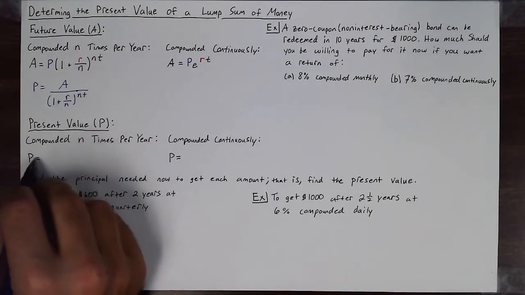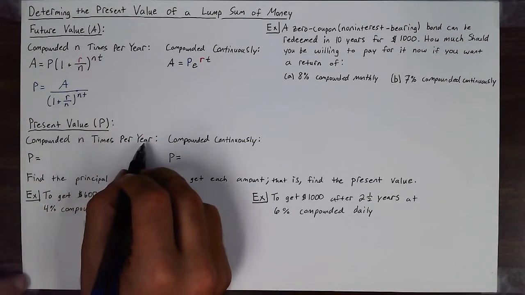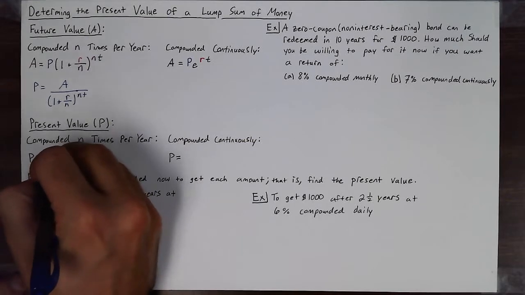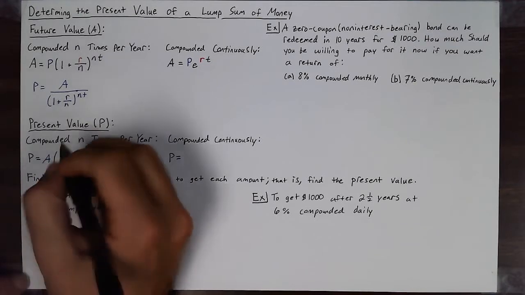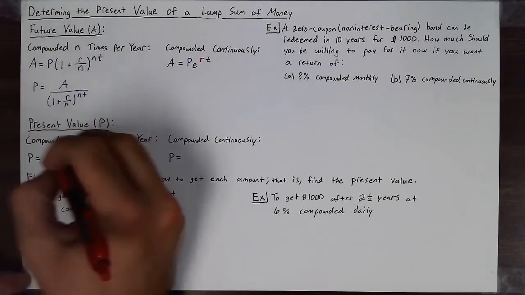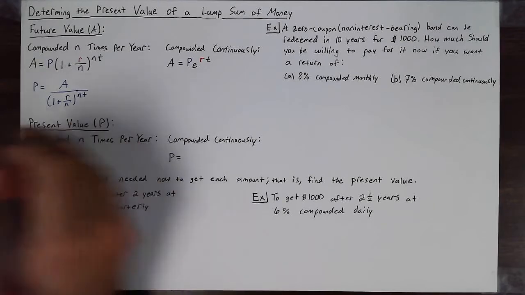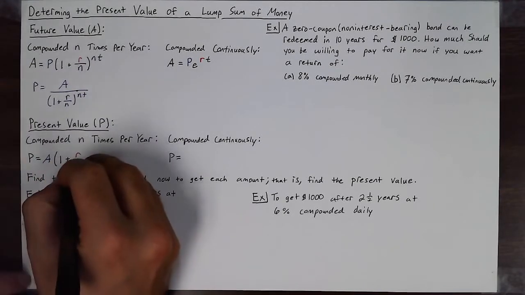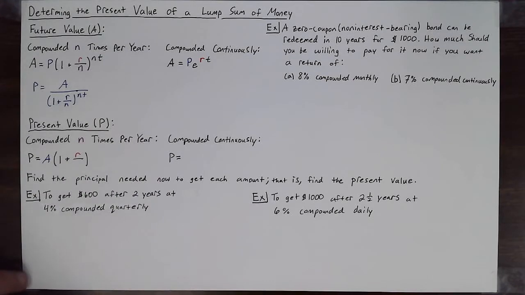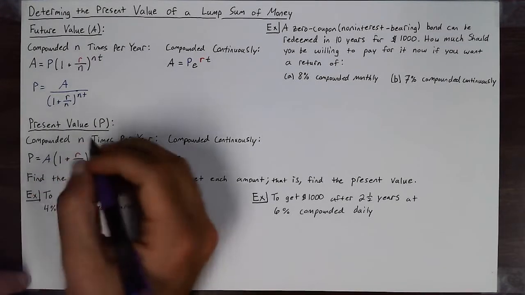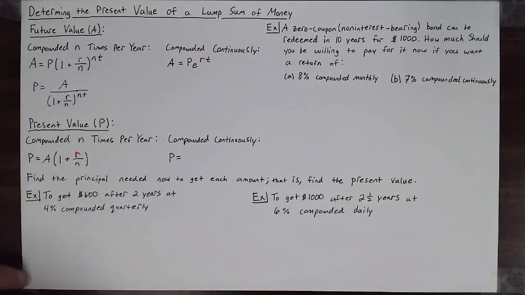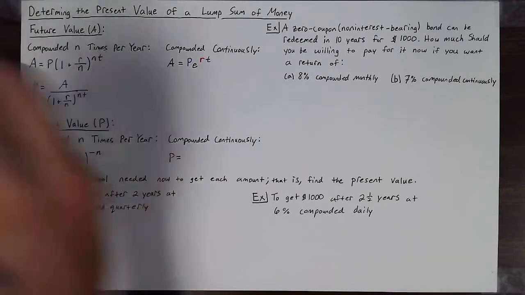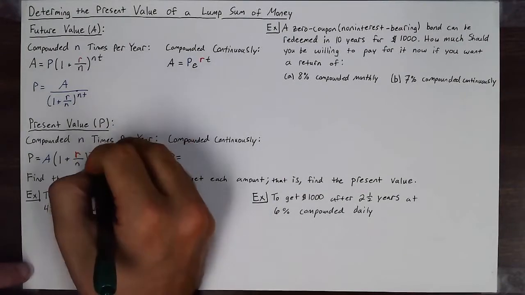So the formula for compounding n times per year to find the present value would be A, the future value, times 1 plus r over n, to the negative nt power. Very similar, just with that negative exponent instead.